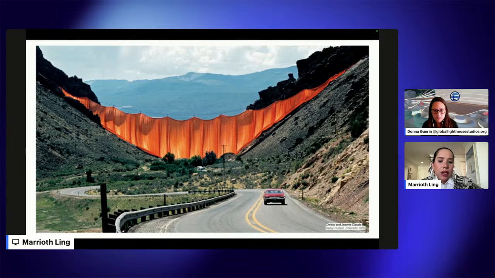Particularly this one, I don't know how long it lasted, but they were not created to last too much time. Also, they recycle the materials of their art installations afterwards, so they use them for other things, or they donate them to the city to use this fabric for different purposes.